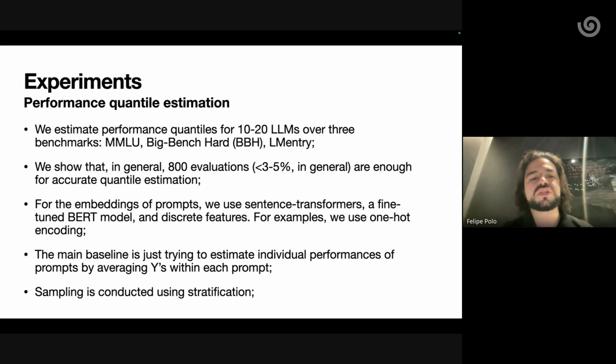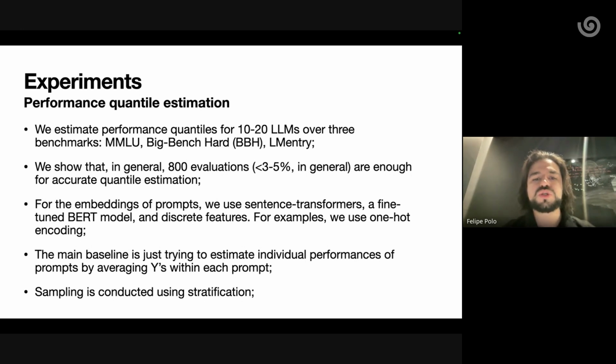For each one of these benchmarks, we have data from 10 to 20 LLMs across different prompt templates. So in general, for these benchmarks, we have from 100 to 200 prompt variations. As you can imagine, the number of possible evaluations is very, very high, so we want to make this evaluation more efficient.